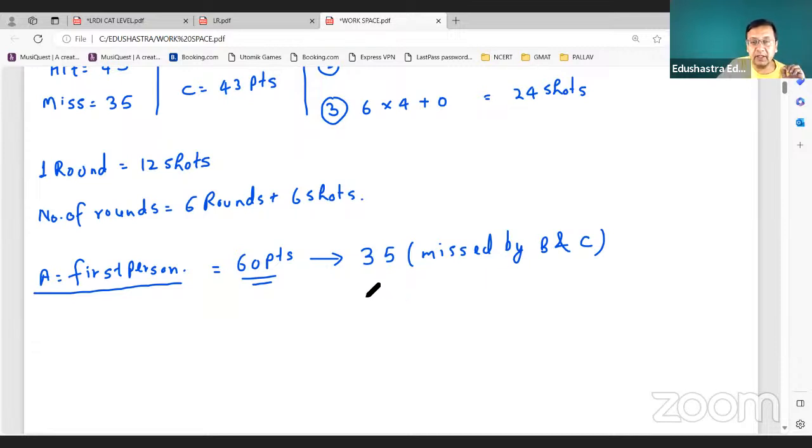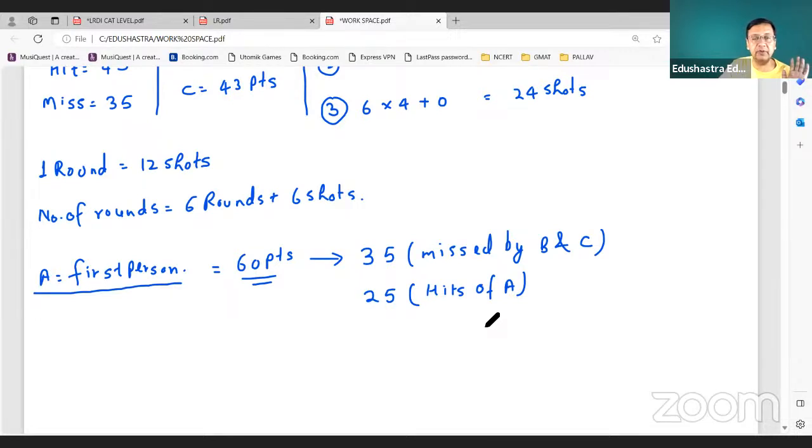So I can say the remaining 25 points are hits of A, right? And A is getting this by hitting the target. Now, for every hit, a person is getting 2 points. For every miss, others are getting 1 point each. So we are assuming all the 35 missed targets are missed by B and C, not by A. So A is scoring 35 points from there, and the remaining 25 points A is scoring by hitting himself, right?